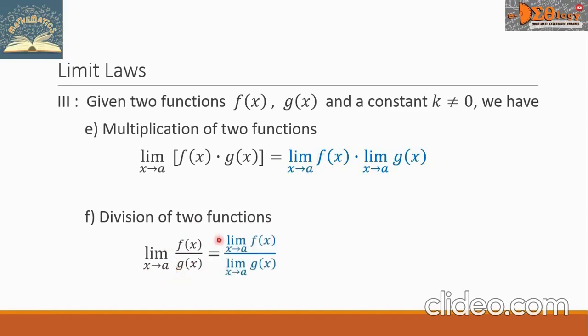So we see here the limit of f of x as x approaches a divided by the limit of g of x as x approaches a, provided that the limit of g of x as x approaches a is not equal to 0. We know that division by 0 is not allowed.